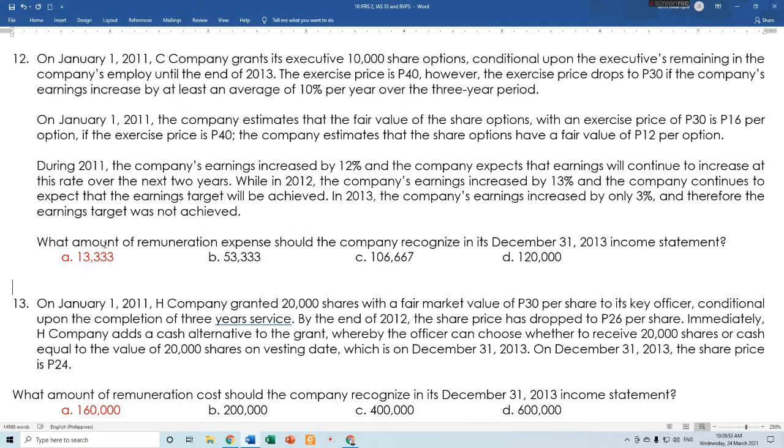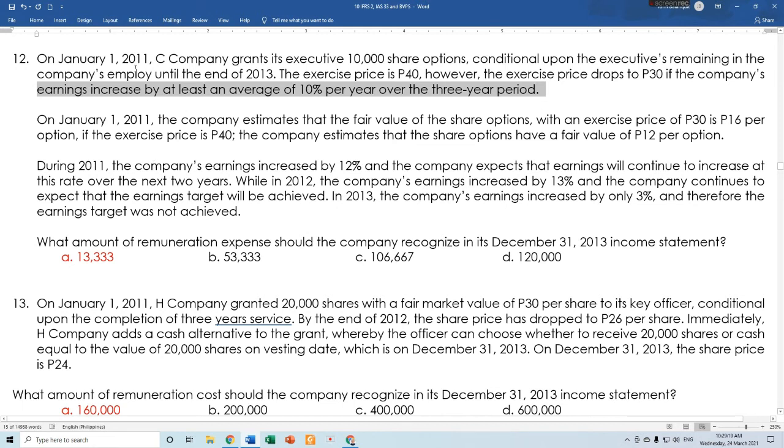So, ito, gumawa na tayo ng dalawang fair value computation, okay? Based on the market effect of the non-market condition. Okay? Kasi yung tawag dito, yung pag-achieve ng earnings is a non-market condition.